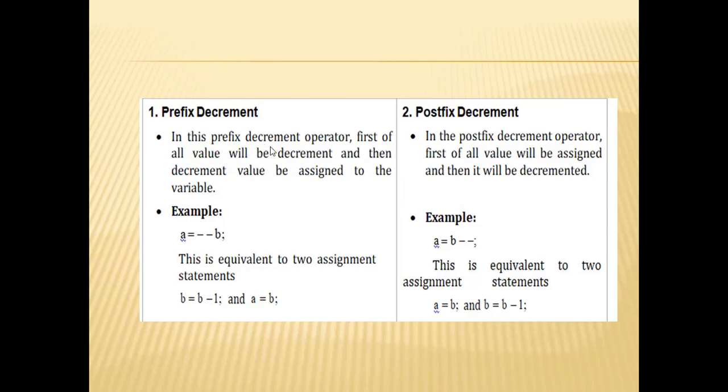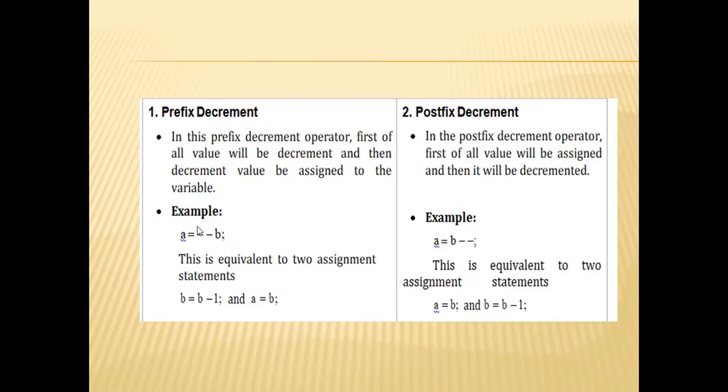So in the prefix decrement operator, first of all we decrease the value by 1 and then we assign that value to the variable which is at the left side. In the postfix case, first we assign the value and then we decrease the variable value by 1. Let us see this example here. A is equal to --b.